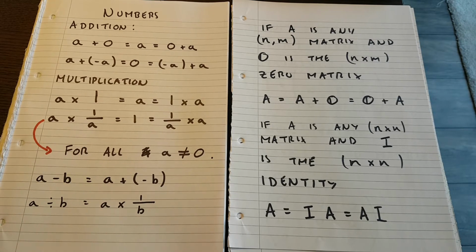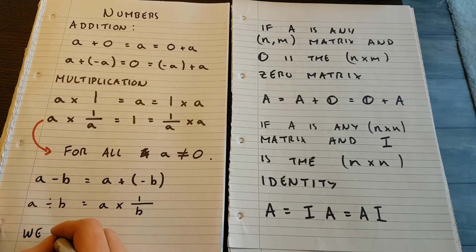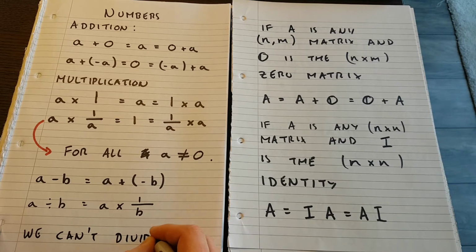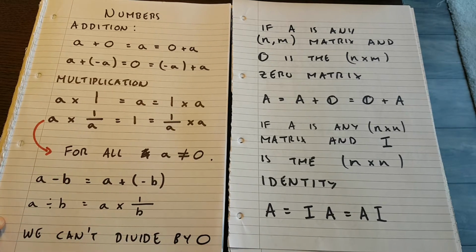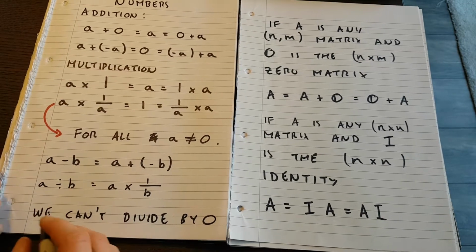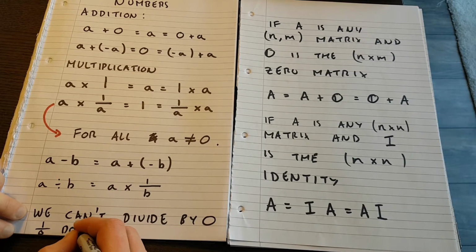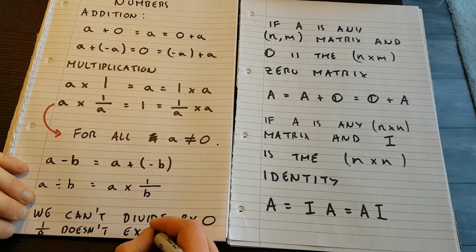The problem is that, of course, I can't divide by 0, because 1 over 0 does not exist. Okay, we can't divide by 0. And the way we say this is that 1 over 0 doesn't exist. It's not a sensible thing.